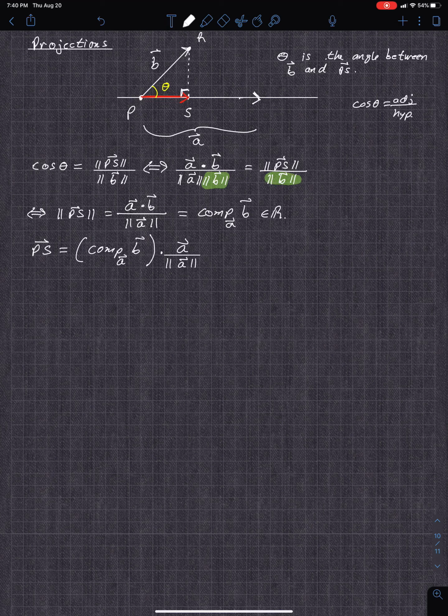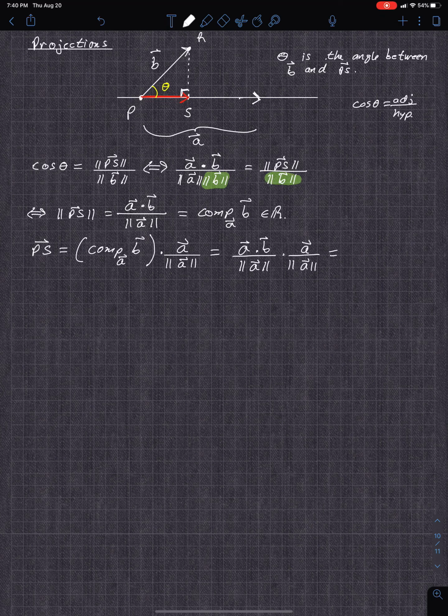Then we simplify that, substitute in what we have defined to be the component right here, and then you reduce. So the substitution would be A dot B over magnitude A times A over magnitude A.